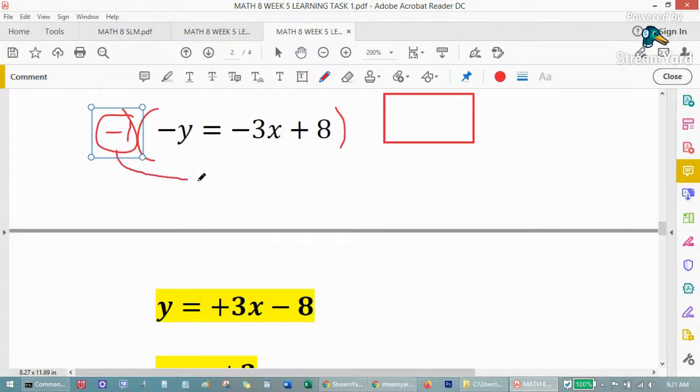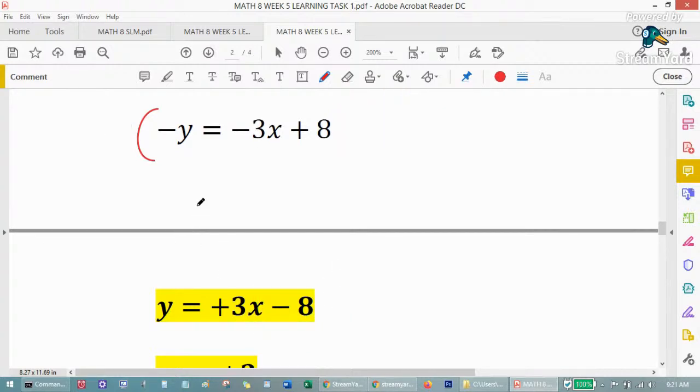Negative 1 times positive 8 is magiging negative 8. So, ang short method nun is kapag negative y, ang gagawin mo lang is lahat ng negative, gagawin mong positive. Ito, gagawin mong positive. Itong positive na to, gagawin mong negative. So, magkakaroon ka ng y is equal to positive 3x minus 8.